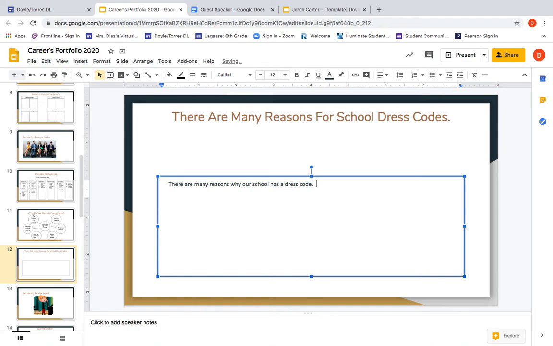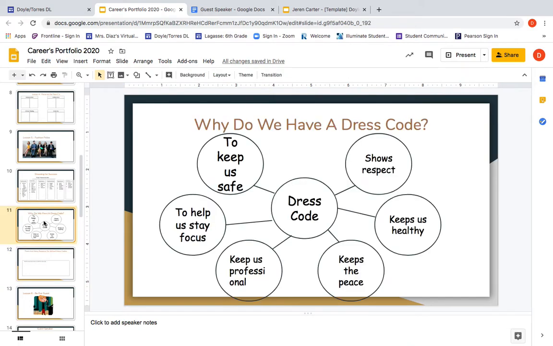And then we can go on and talk about all the reasons that we listed here of why we have a dress code. But please remember, boys and girls, that this is a map, and these maps help us get our ideas on paper, so they help show us the way.